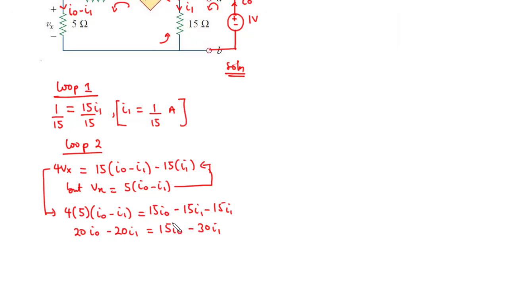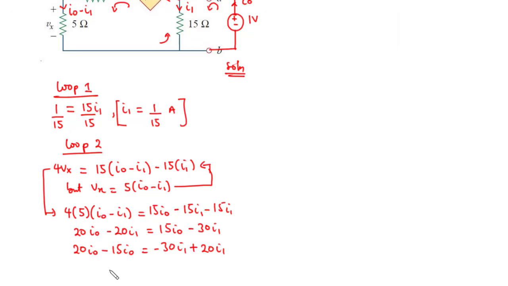Now we are going to transpose 15 I0 to the left hand side and then negative 20 I1 to the right hand side. So we have 20 I0 minus 15 I0 equals negative 30 I1 plus 20 I1.